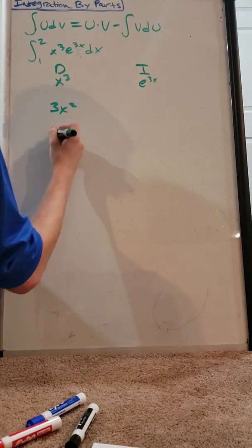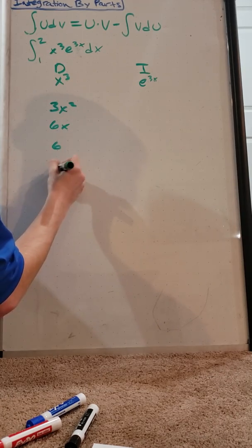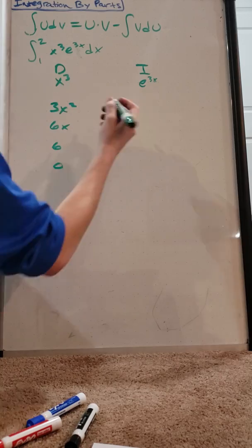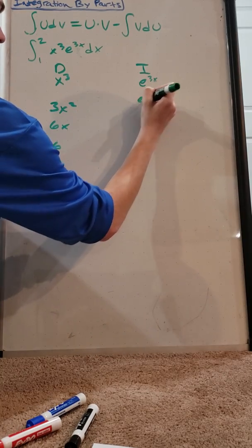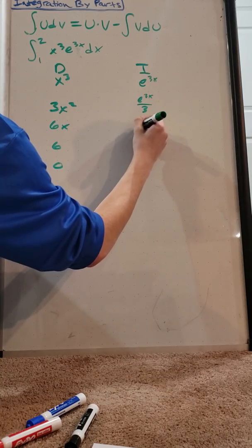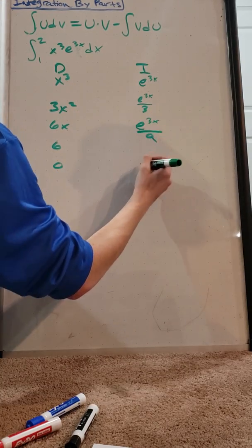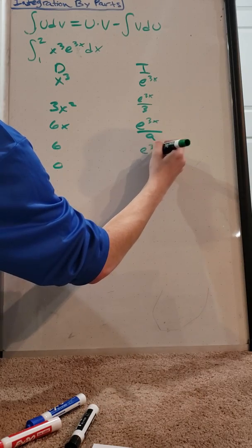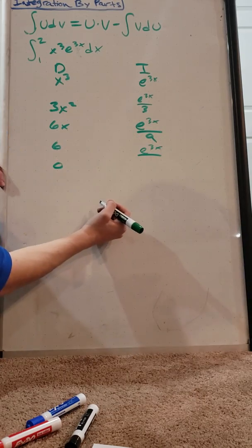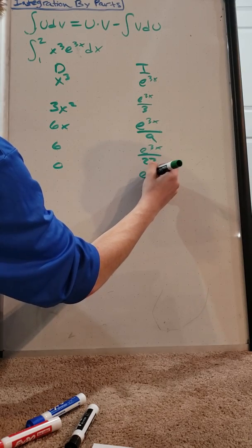So it'd be 3x squared, and 6x, and then 6, and then 0. Then integrate this side, you get e to the 3x over 3, and again, feel free to check all these, but they're right. So e to the 3x over 9, then 27, and then 81.